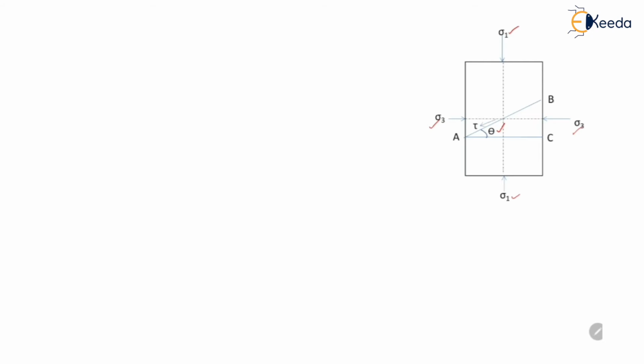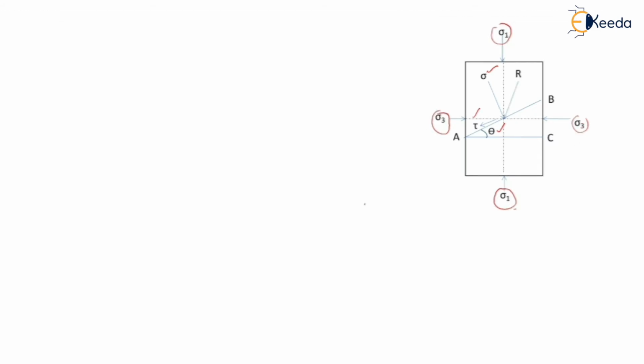Since AB is not a principal plane, there will be shear stress acting on the plane and a normal stress as a resultant of all these forces. We are supposed to find the value of this shear stress and normal stress on the surface AB, as we already know the values of sigma 1 and sigma 3.